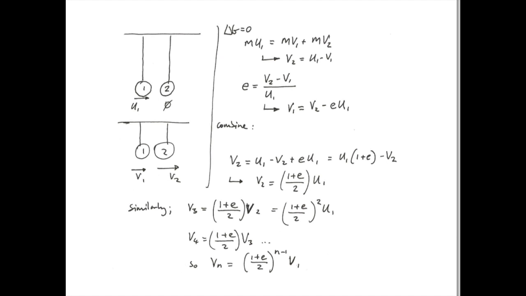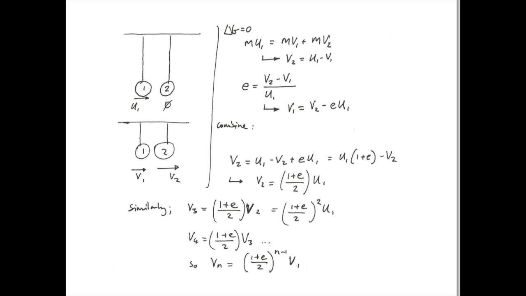Now similarly, we could say that if the collision exchange is now between 2 and 3, you would have v3 is equal to 1 plus e over 2 times v2, and v4 is equal to 1 plus e over 2 times v3.